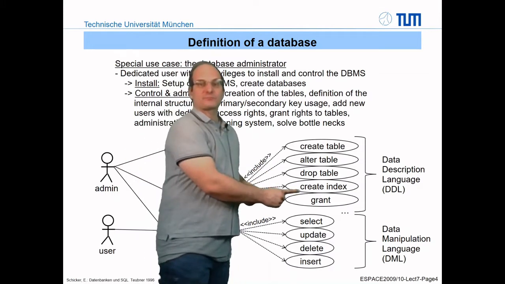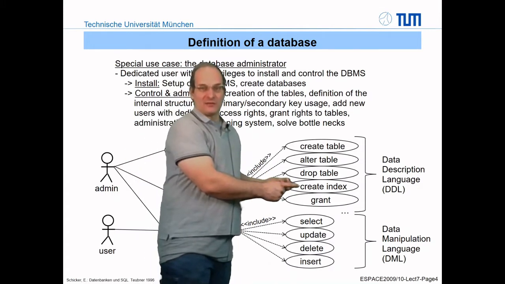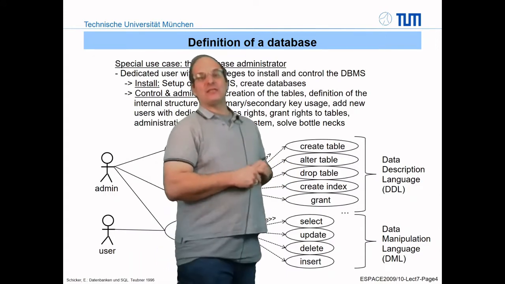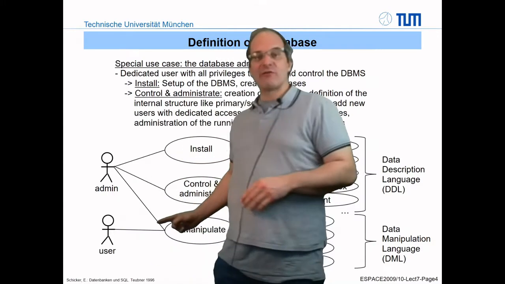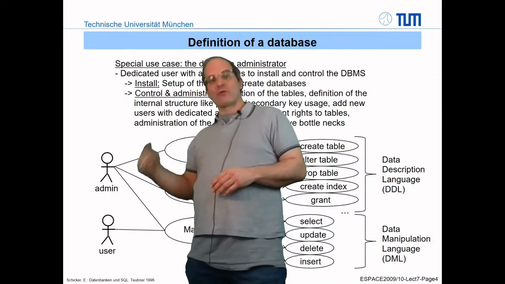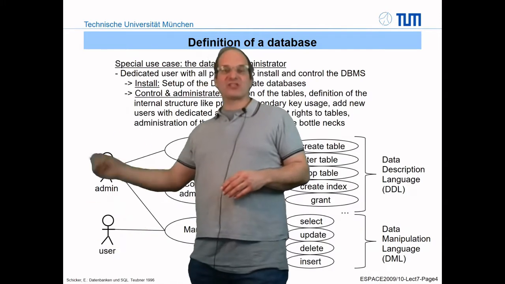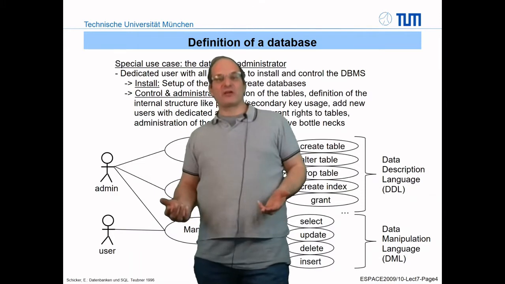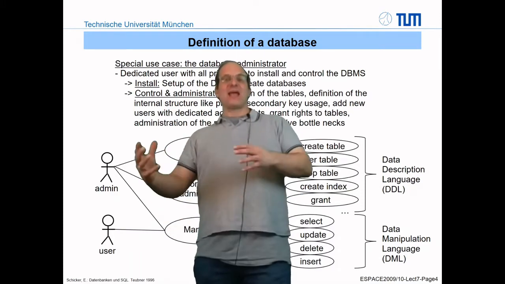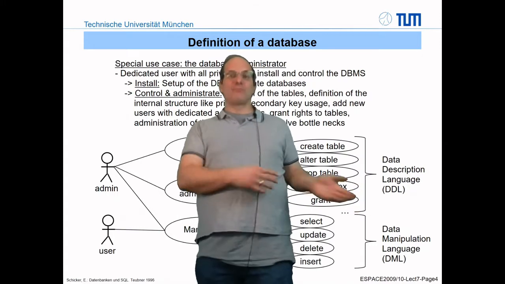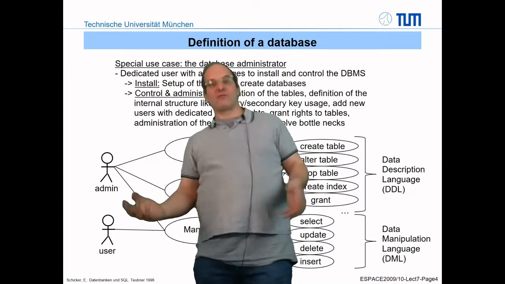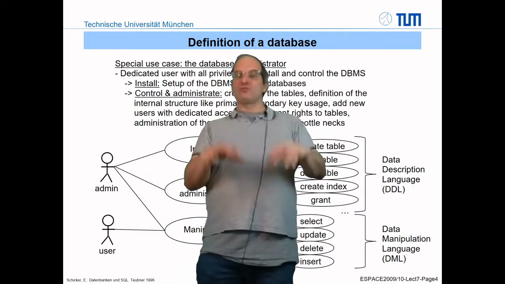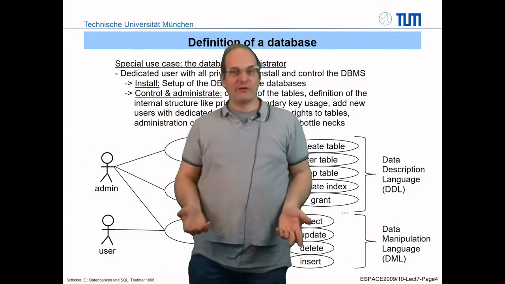And then you can also create search keys, which means indexes, and you can also grant rights, so that different users, remember the image before, different users with different applications have different rights. So it's not necessary, for example, that an administrator for personnel in a company also has access to the budget of the production, or vice versa. There is sensitive data which you would not like to have everywhere in your company.